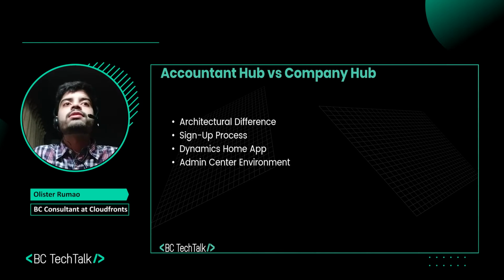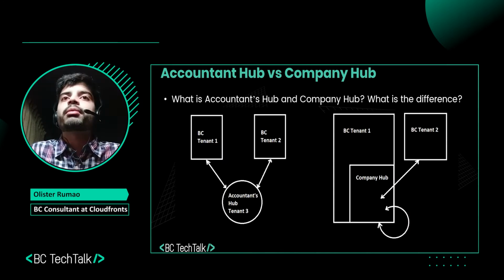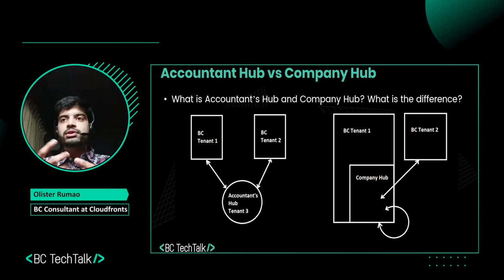The first one is the architectural difference. If you take a look at the Accountants Hub and the Companies Hub architecture, you will find that Accountants Hub was a standalone application outside of Business Central. It used to connect with multiple Business Central tenants, provided that the credentials are the same. Whereas Company Hub is an add-on inside Business Central.